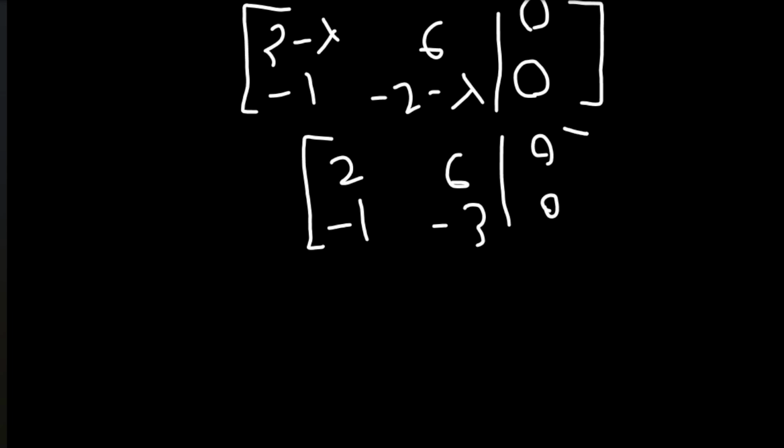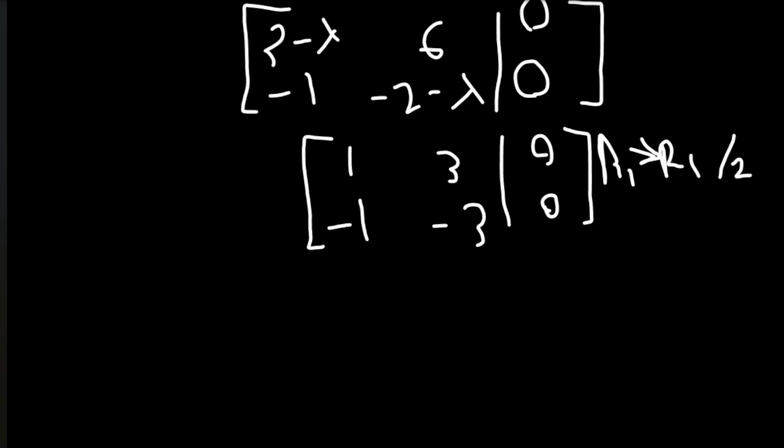Augment this. What you'll notice is the top and the bottom rows are very closely related. If you do R1 turns into R1 over 2, this ends up turning into 1 and 3. And then if you just add R2 to R1, the bottom row turns into 0.